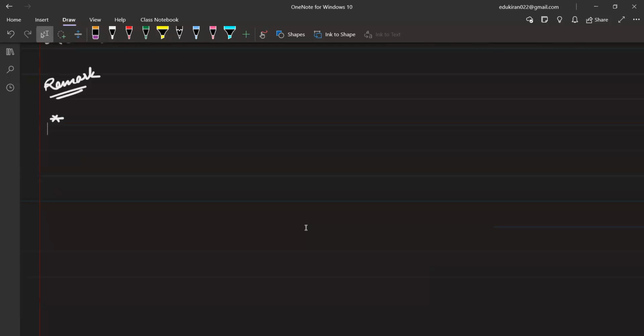In the remark, you'll write: we have seen many methods in which we can use a reagent with alcohol to form haloalkane.